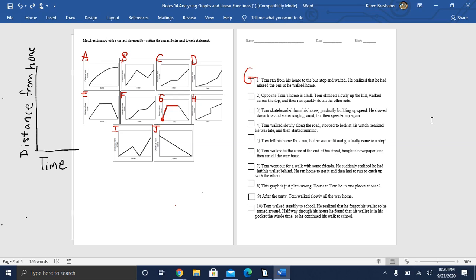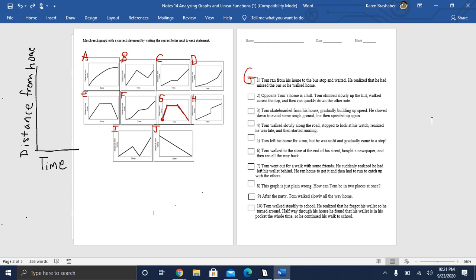And then he realized that he had missed the bus, so he walked home. Again, it's taking time. Walking would be a little bit slower rate, and each step that he takes, he's getting closer back to home. In other words, his distance from home is becoming smaller, and finally he's back at home. He's not far away from home, he is home. So that would be graph G, and so that graph has been used. We won't use that one again.